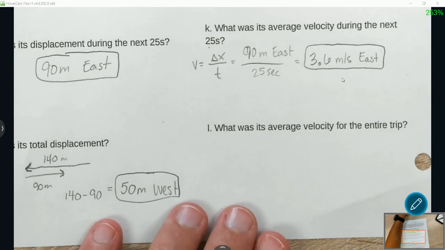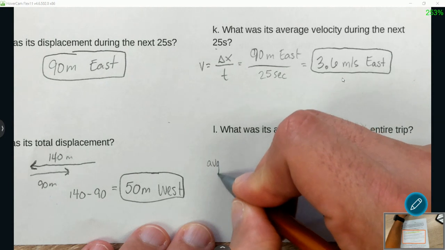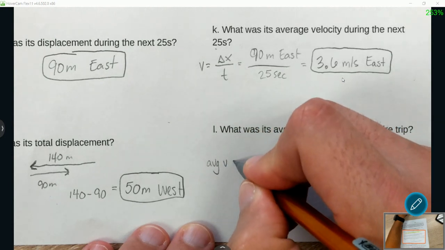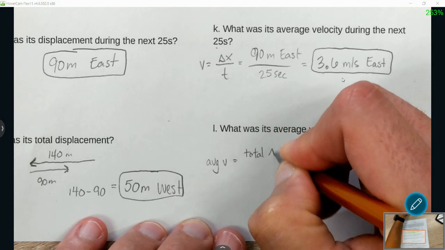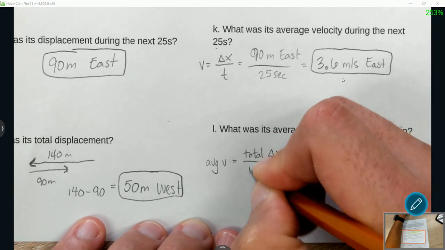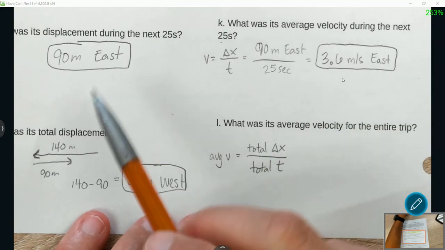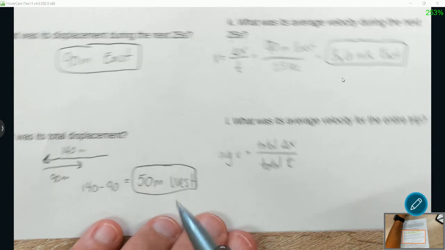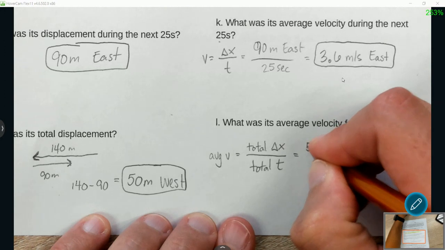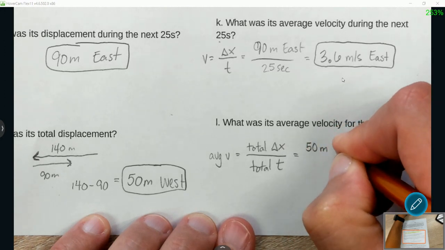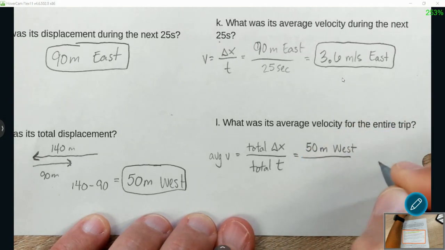And then this very last one, average velocity for the entire trip. So average velocity is going to equal, all right, our total displacement divided by the total time. So we found our total displacement of that whole motion was 50 meters west. And what was our total time again?